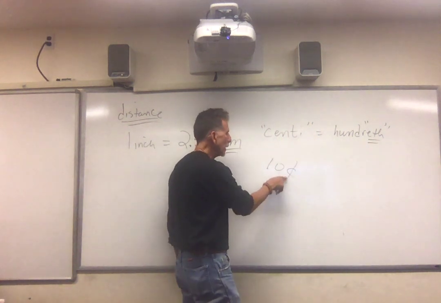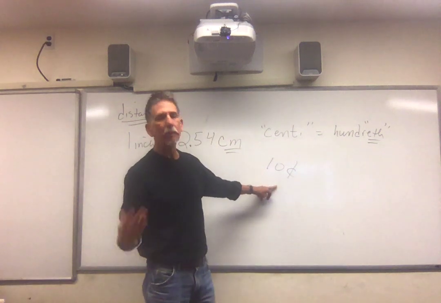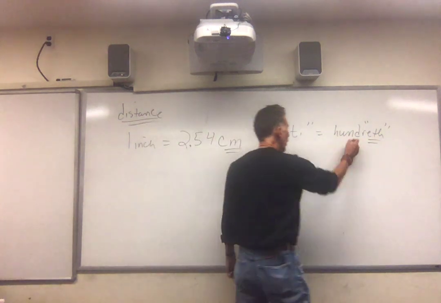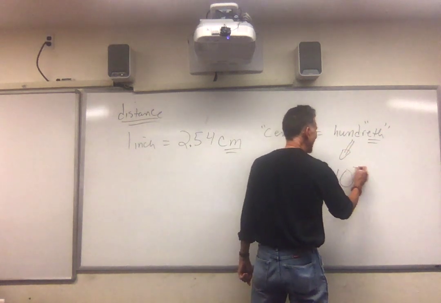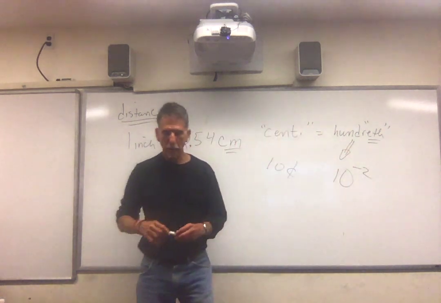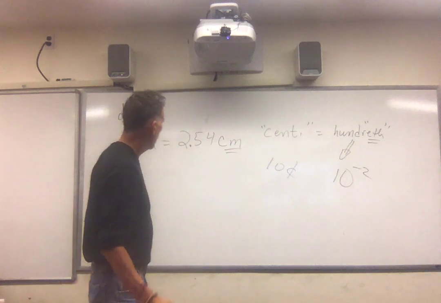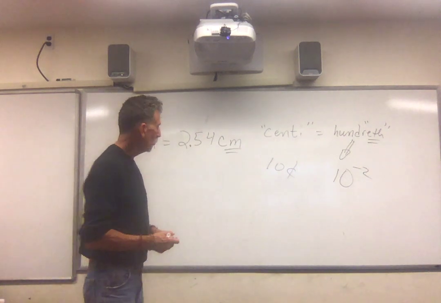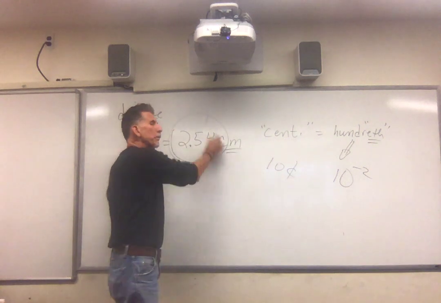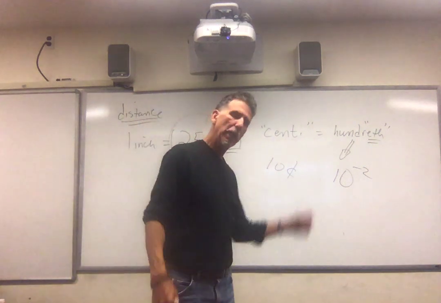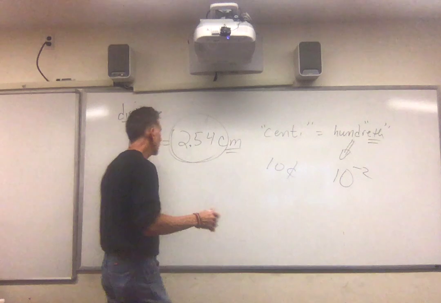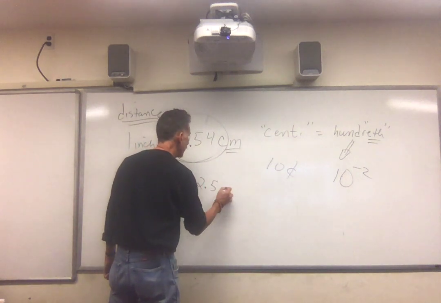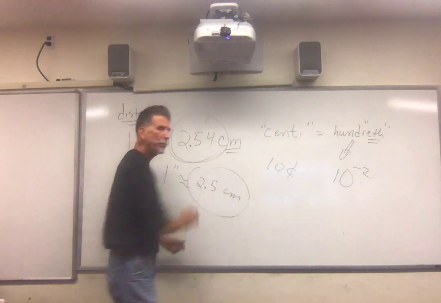What is a cent? It's a hundredth of a dollar. So centi is going to be a hundredth. Remember what hundredth was in scientific notation? 10 to the minus 2. We'll come back to this. I want to talk about this conversion for a second. For almost everything we'll do in this class, for now, we're going to approximate this as 1 inch is about 2.5 centimeters.